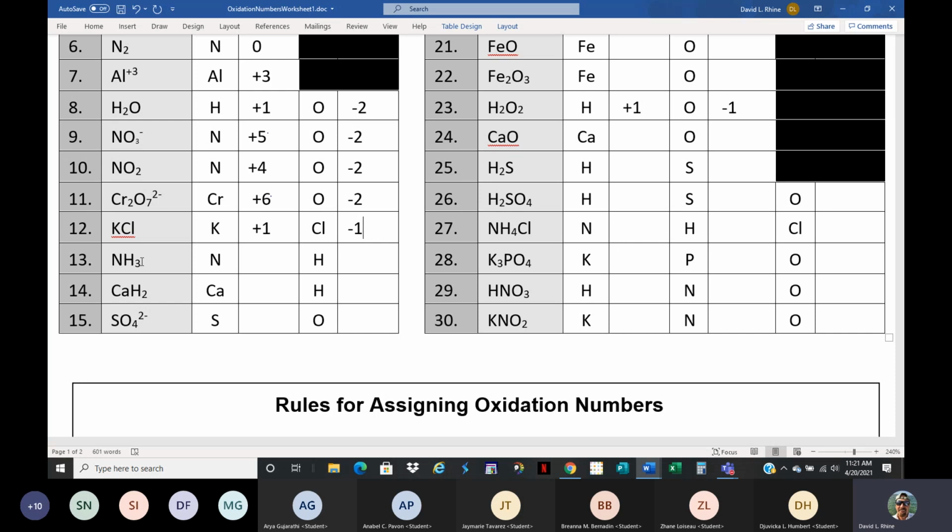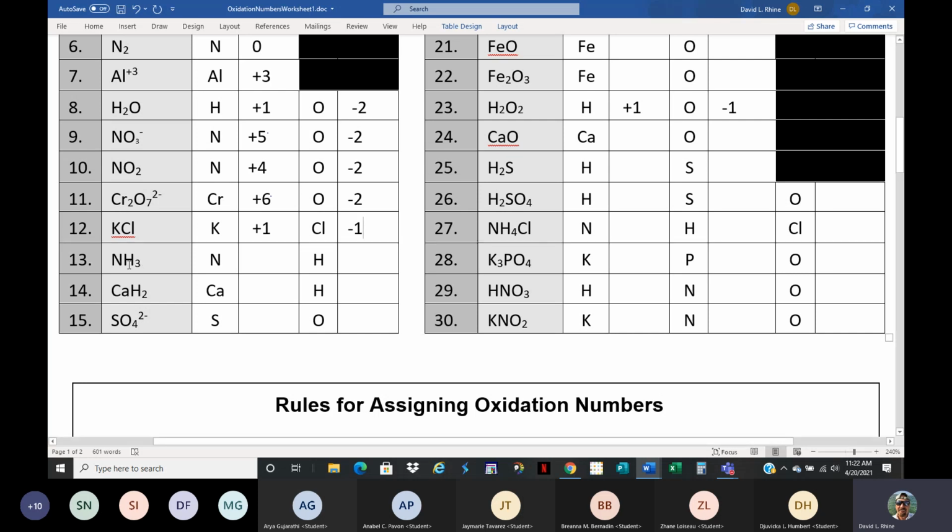If there isn't a central atom, then the one that's positive will be on the left. I hope that makes sense. Some of them, it's not a big deal. If you just follow the rules, it's not going to matter whether they're on the right or left. Generally, the one on the left is positive, the one on the right is negative. That's a general pattern. It's not absolute.